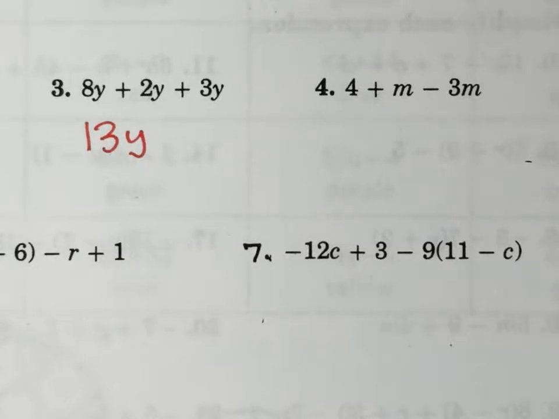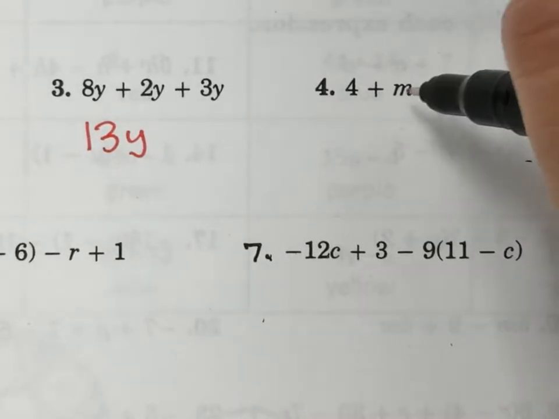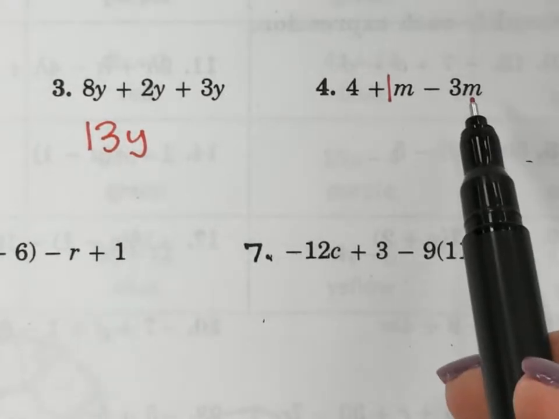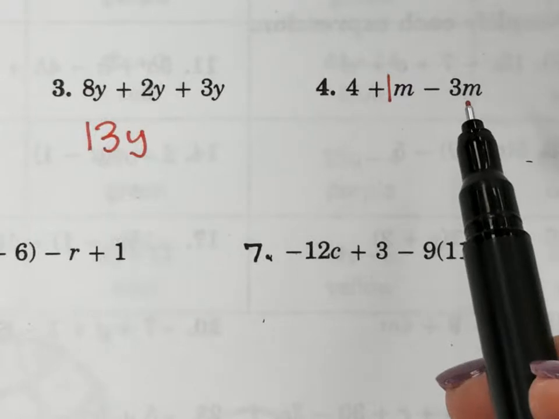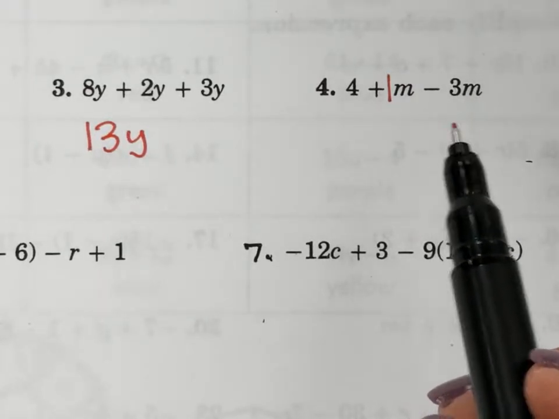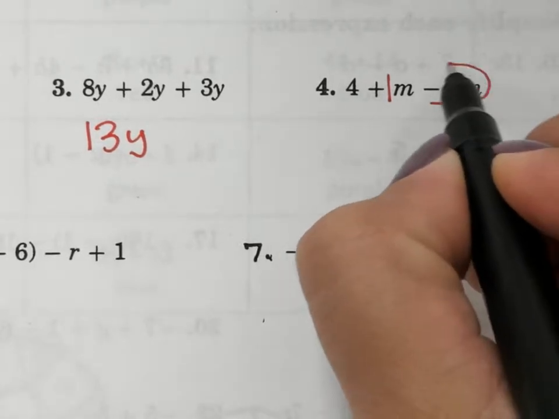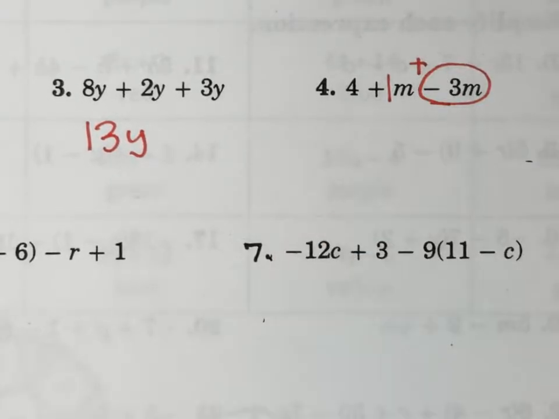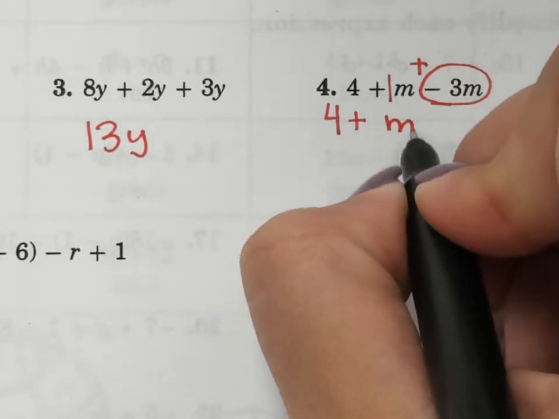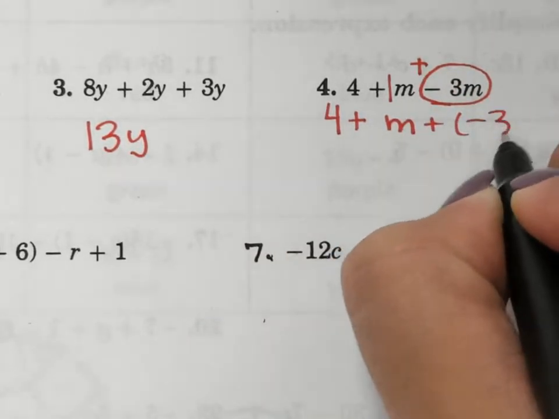Number 4, I've got 4 plus m minus 3m. What's in front of my m right here? 1. Is 1 smaller than 3? Yes. So remember, this is where I need to change it to an addition problem. So I'm going to circle my negative 3m and add that plus sign. So I have 4 plus m plus negative 3m.